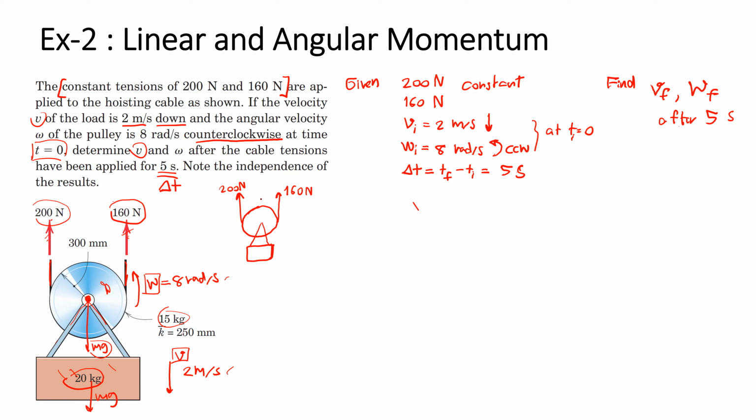And we have the mg of the wheel, the pulley, which is 15 g, and at the load, we have 20 kilogram multiplied by g.